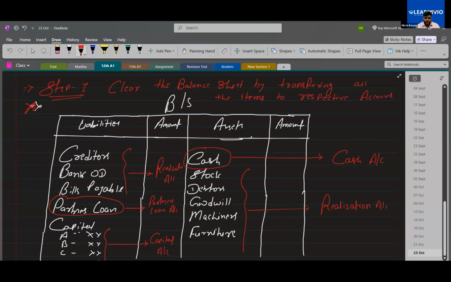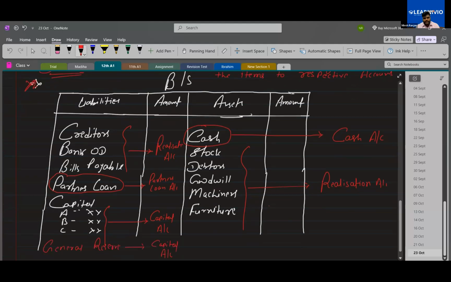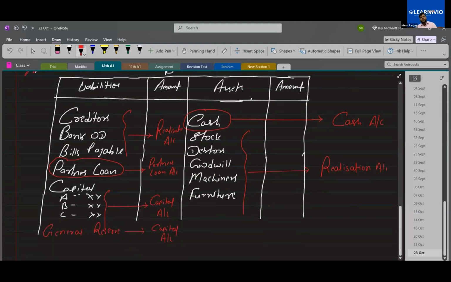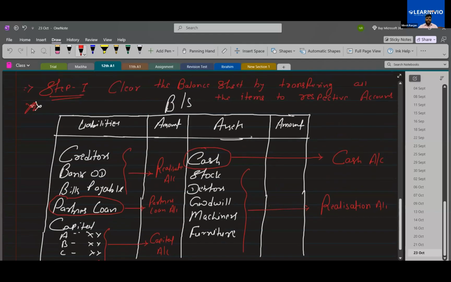Write this and prepare the format like this, so that you will know which item will go in which account. You can show me the step: clear the balance sheet by transferring all the items to respective accounts.